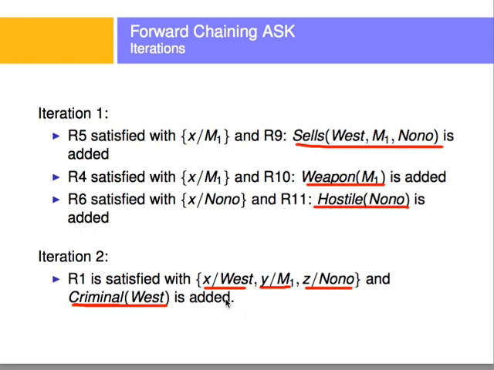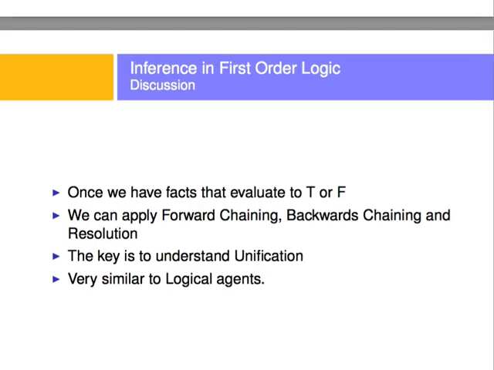So is West a criminal? Well, if we do the inferences, at some point the knowledge base is going to say Criminal(West). And when we ask whether West is a criminal, we're going to get true for the value of that. So once we have all the facts that we can possibly infer, they will evaluate to true or false. We can apply forward chaining, backward chaining, and resolution, which are algorithms that we have already seen in previous videos.